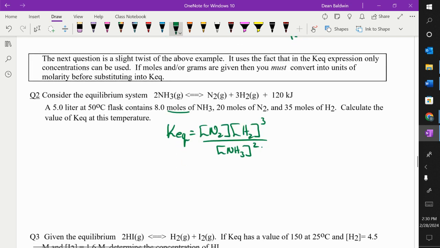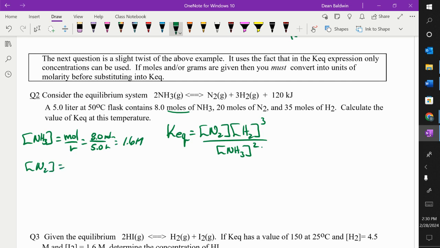So the concentration for each one of those things is going to be moles per liter. So the NH3 is 8.0 divided by 5.0, 1.6.